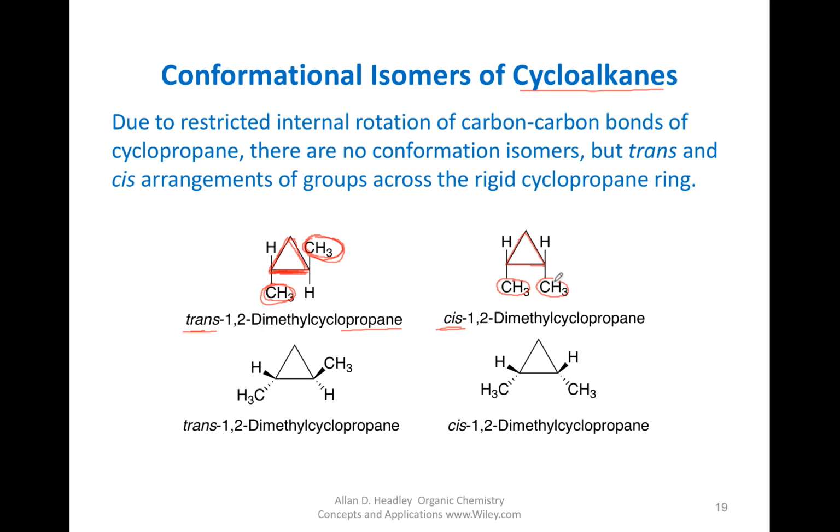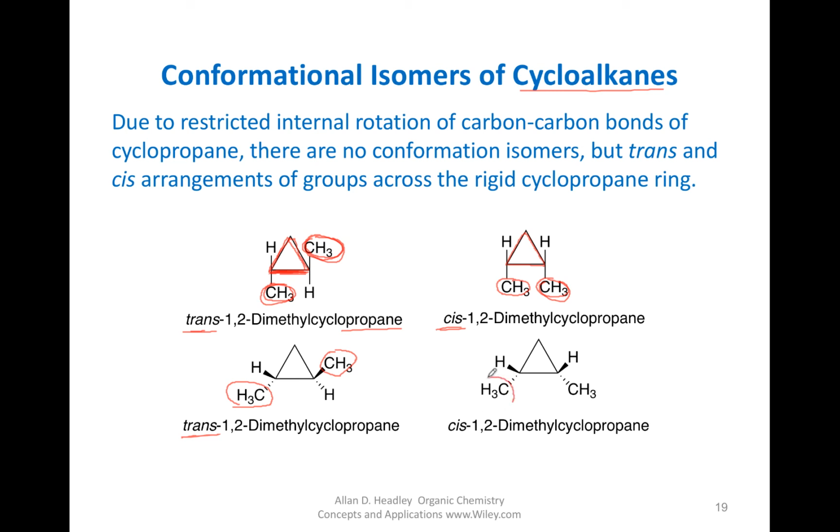We can write them like this using lines, or we can write them like this using the dashed wedge. So notice this one here, the methyl group is the dash, and the methyl group on the other carbon is a wedge, meaning that it's a trans, opposite sides.